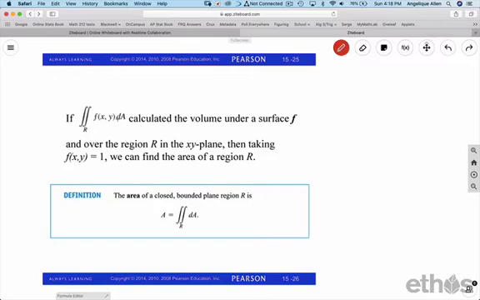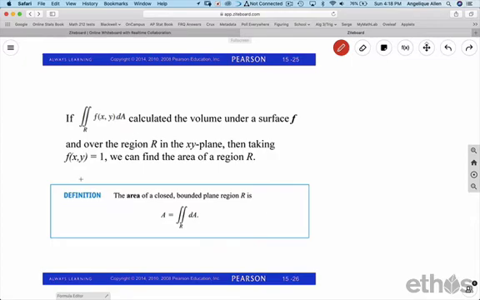And you remember the definition where the partitions delta x by delta y get smaller and smaller and smaller. We take the limit as those partitions reduce down to an area of 0, and that gets our exact volume between a surface and the xy plane, or a region of the xy plane R.